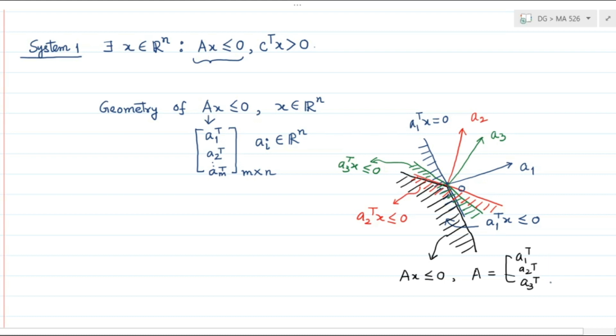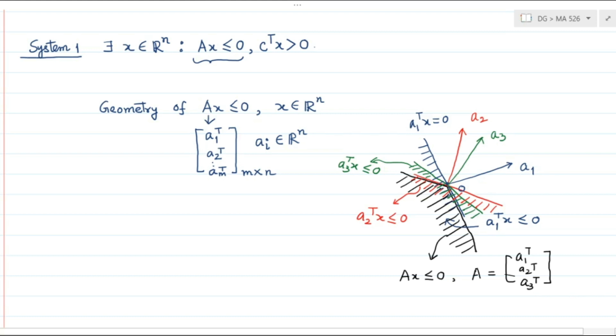If we have m vectors, you can equally find the region by increasing the number of components A1, A2, A3. This is the shaded region, Ax less than or equal to 0. This is the geometry of Ax less than or equal to 0.